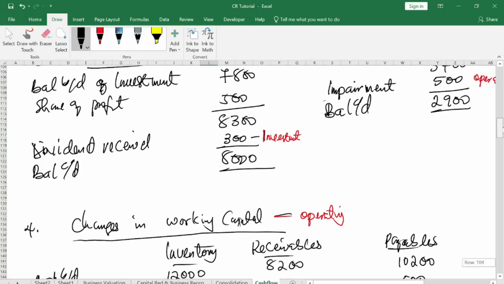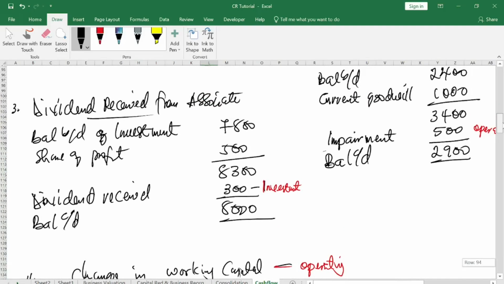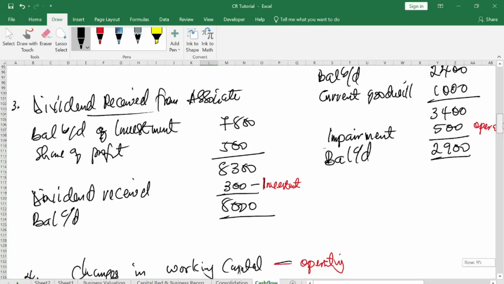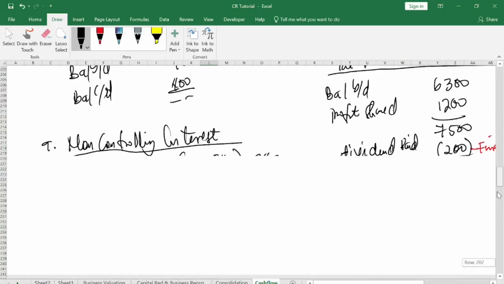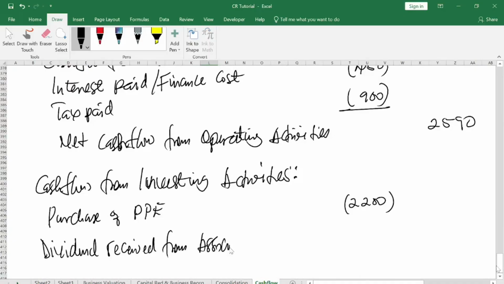What is coming here? Check here. Dividend received from associate. Have you seen it? You invested in another company, you receive dividend. So dividend received from associate. How much? 300. It is a positive figure.